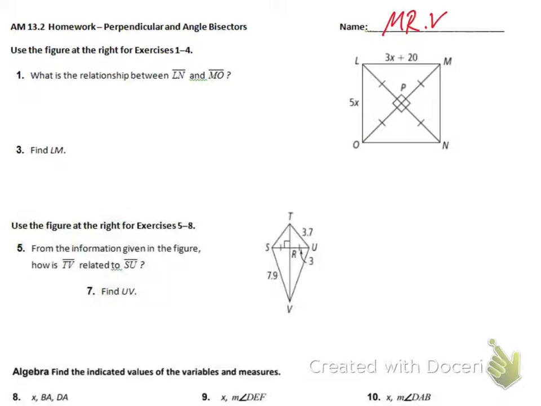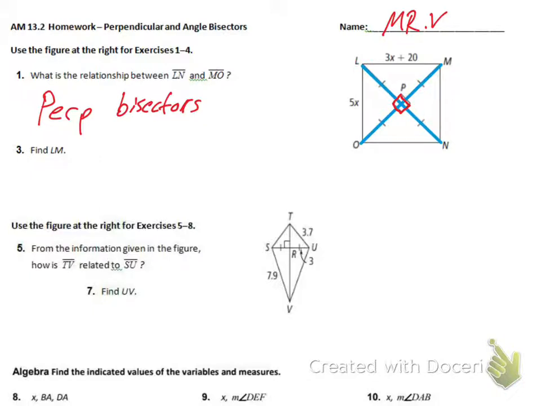So LN is this line right here. MO is this line right here. So these are perpendicular bisectors. All right, and the reason why they're perpendicular bisectors and not angle bisectors is because they intersect right here.